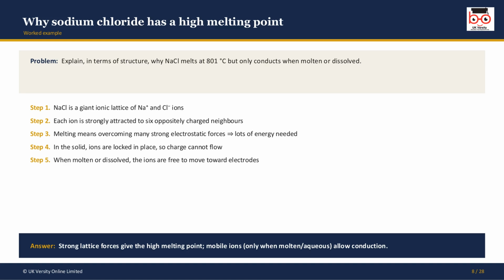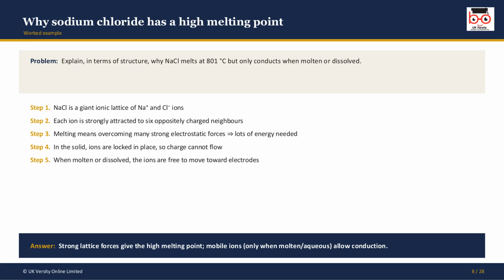Let's explain sodium chloride's behavior in terms of structure. Why does it melt at 801 degrees, yet only conduct when molten or dissolved? Sodium chloride is a giant ionic lattice of sodium and chloride ions. Each ion is strongly attracted to 6 oppositely charged neighbors.